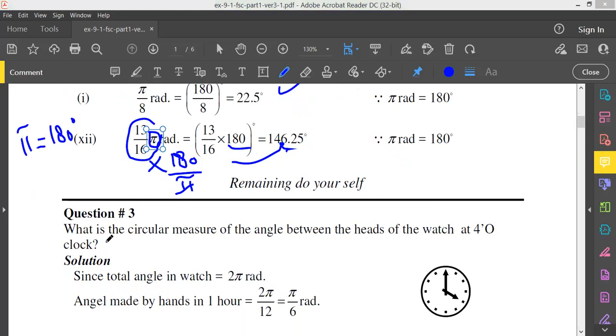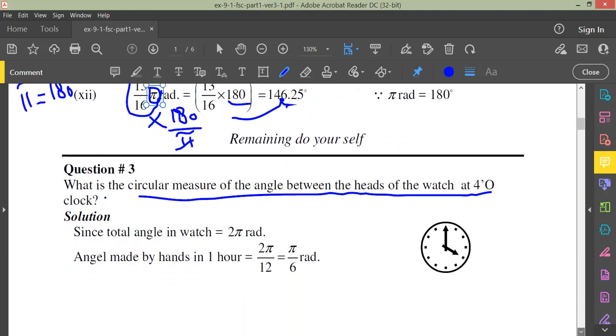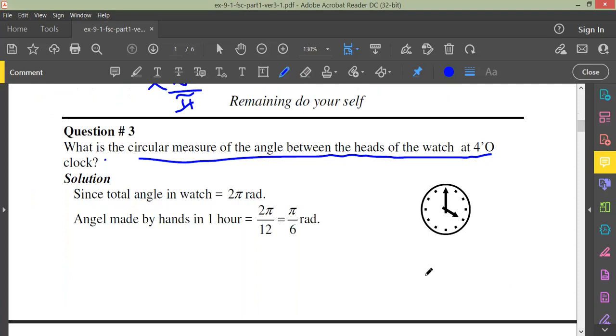What is the circular measure of the angle between the hands of the watch at 4 o'clock? Here we have to tell about the angle. If we look at the watch, the time is 4 o'clock.